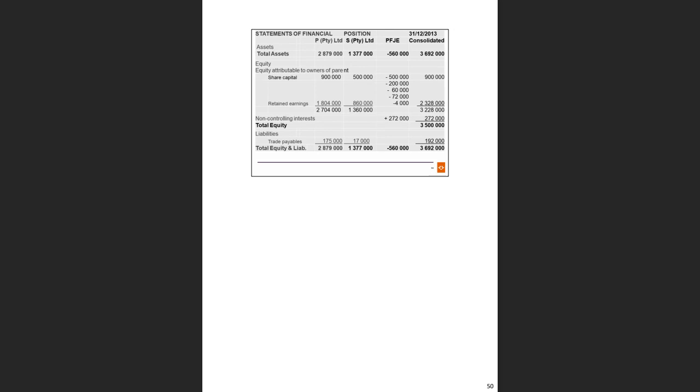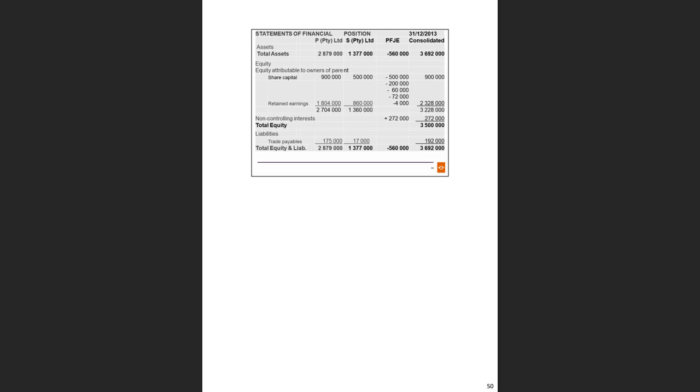And that 200,000 Rand was the at-acquisition, or pre-acquisition, retained earnings of S. So you can see all of those journal entries we looked at come together here in this pro forma journal entry column. We're adding P plus S plus the total of all of these pro forma journal entries, and that gives us our consolidated retained earnings figure.